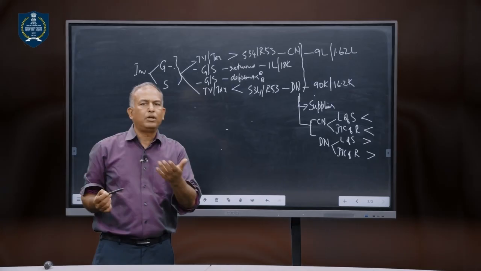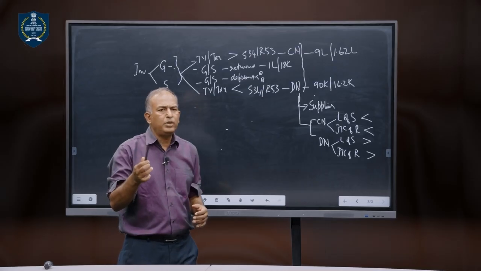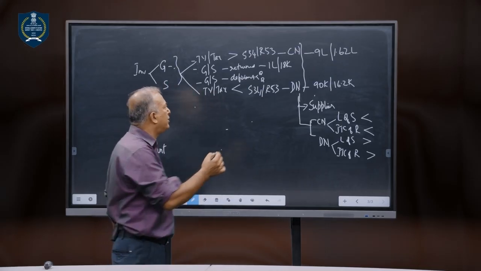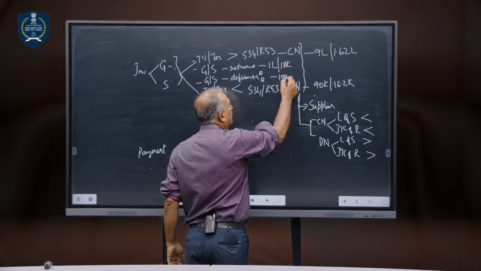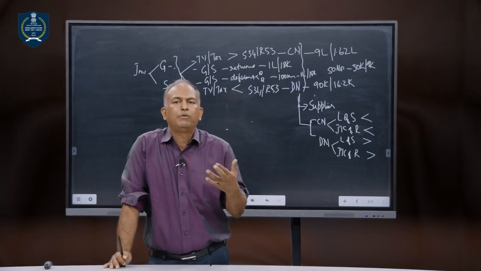If I were to give you an example, if it is found to be deficient in quantity, what do I mean? 100 numbers of this pen has been supplied, but the supply was actually 50 numbers.